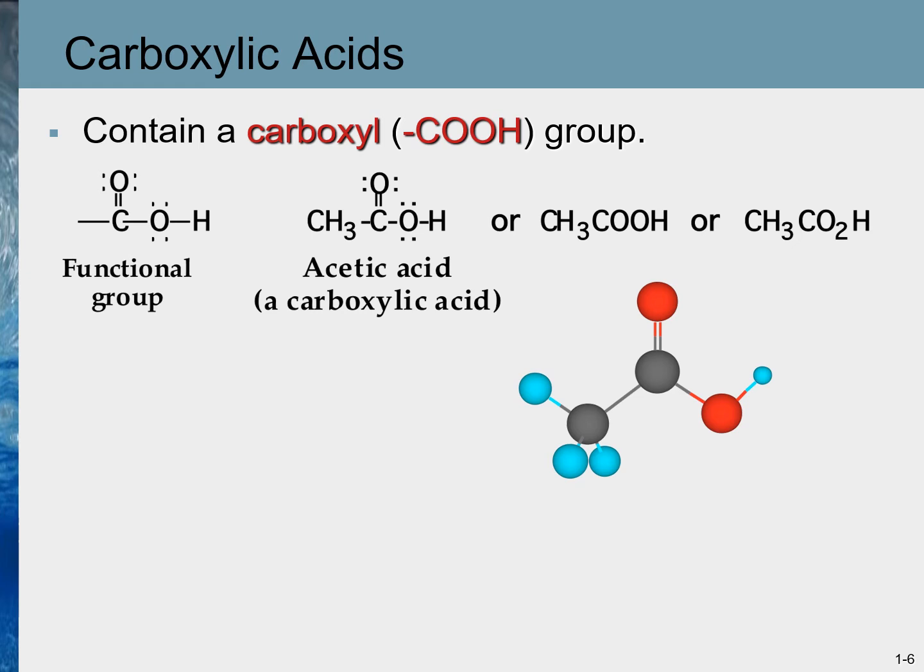The functional group of carboxylic acid is COOH. This functional group contains a CO and OH. So CO is carbonyl, and OH is hydroxyl.